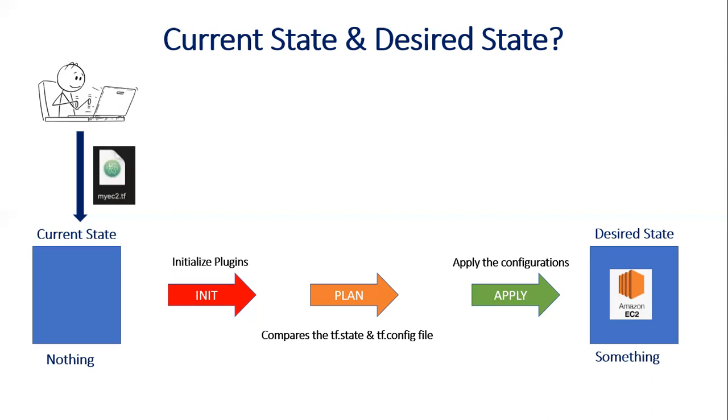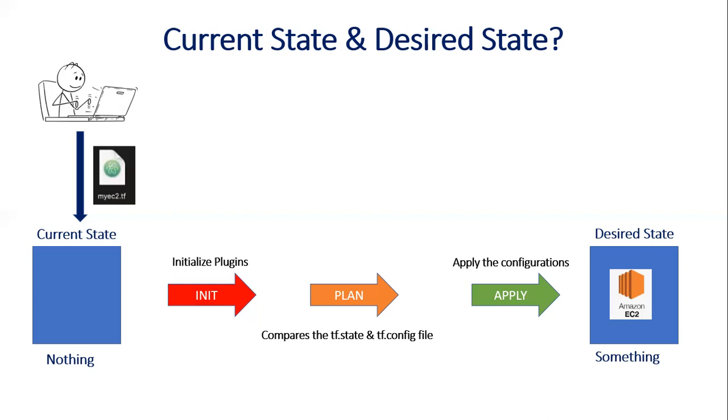So if I want to give it to you in a clear way, TF state is nothing but the current state of your infrastructure, and the TF config file is nothing but the infrastructure which you want to create. So right now we don't have any current state, which is empty, as we don't have any application or resources created.